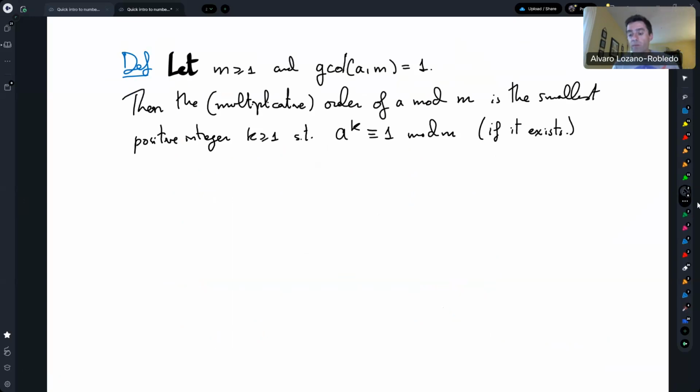We haven't proved that that is the case, but it turns out that there is such a number.